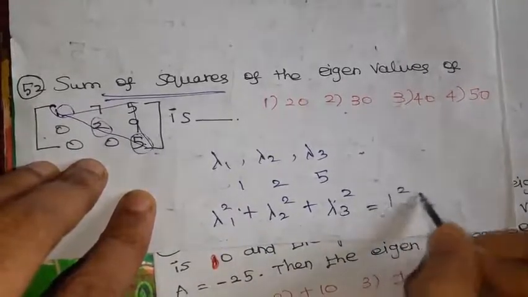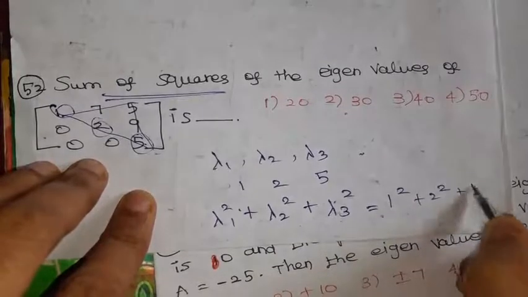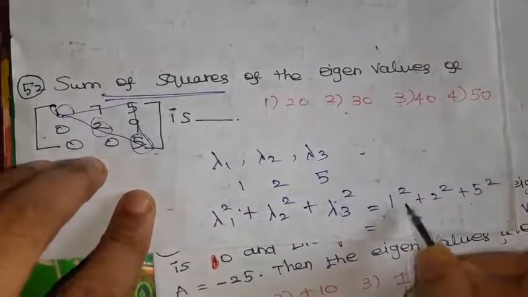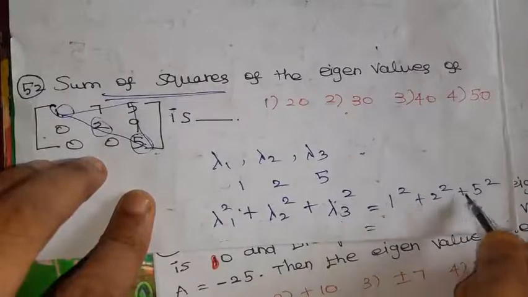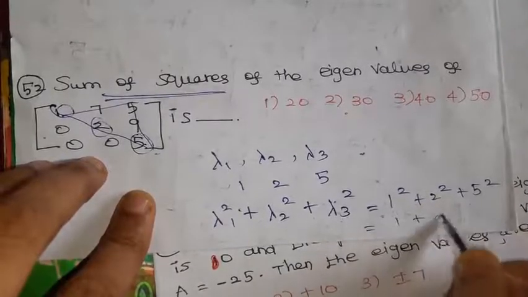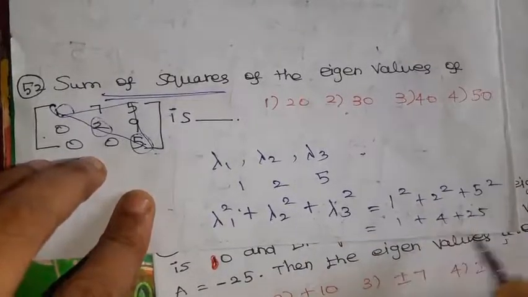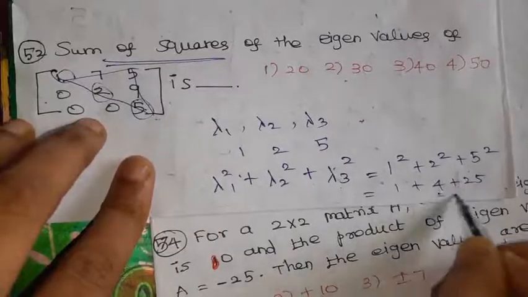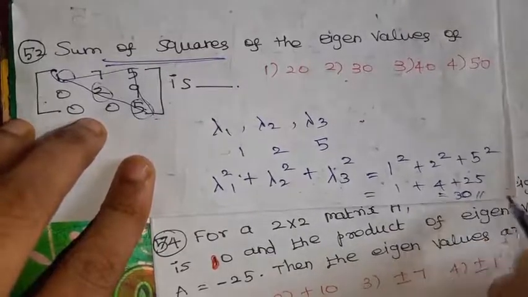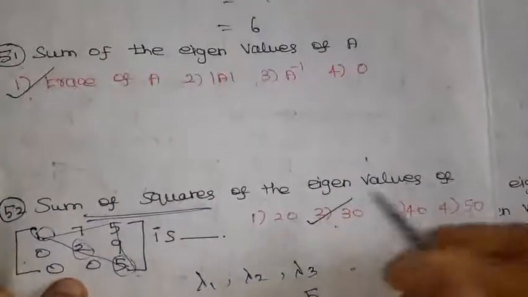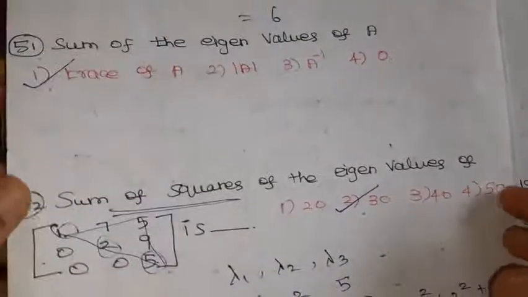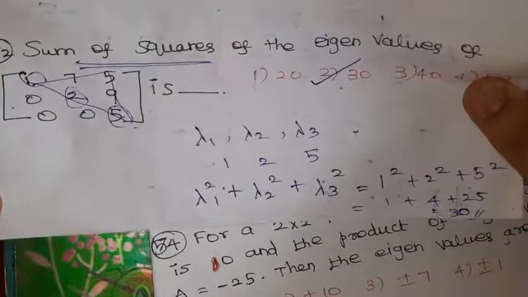So it is 1 square plus 2 square plus 5 square, that is 1 plus 4 plus 25, which is 30. So option 2, 30, is the right answer for the sum of the squares of the eigenvalues.